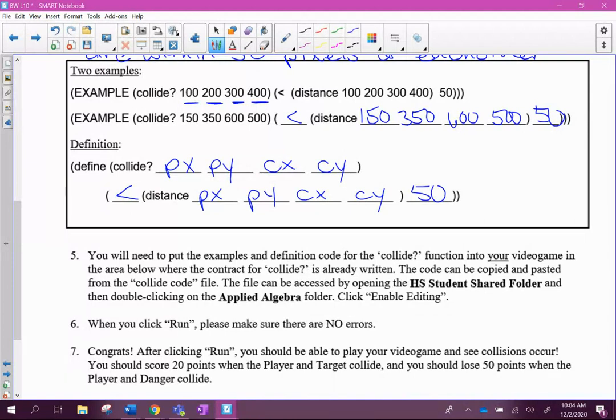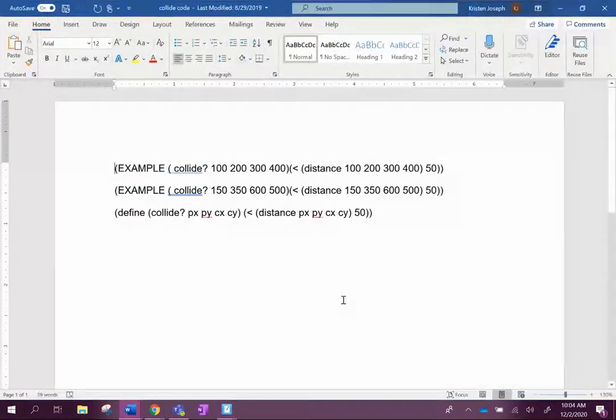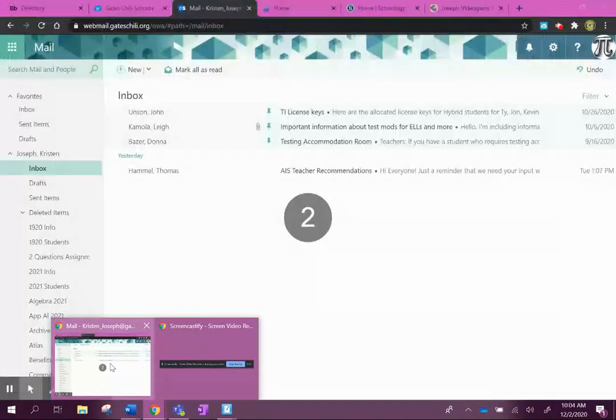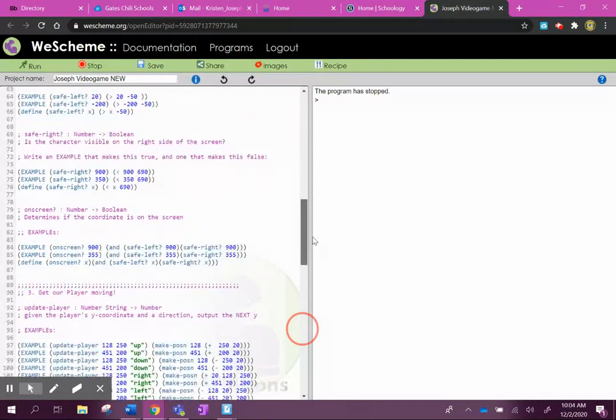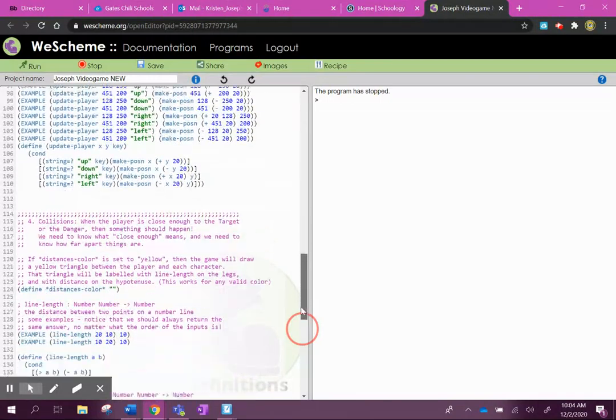Okay, so just like with the last few lessons, the collide code I have already typed out for you, and there is a Word document in today's Schoology folder for you to download. So if you download the Word document, you will end up with this piece of code. And just like we've been doing, you are going to copy this code into your video game file. So it's right under what we did in lesson 9.